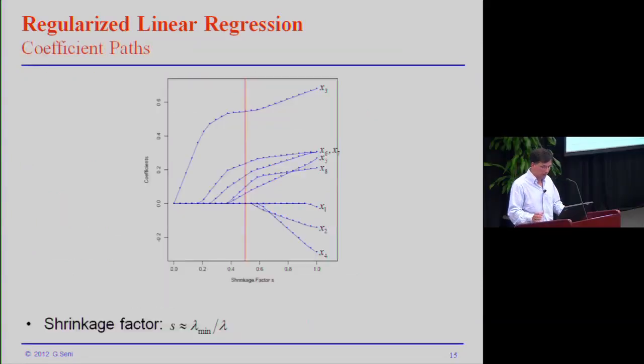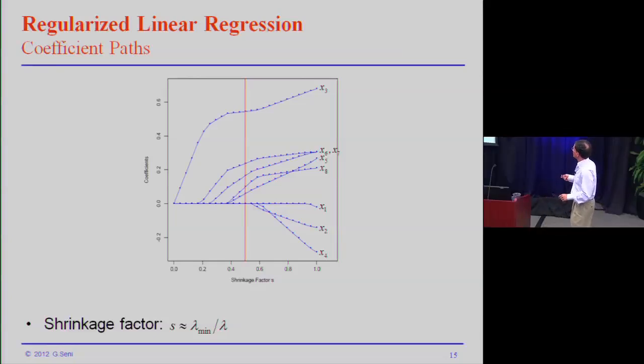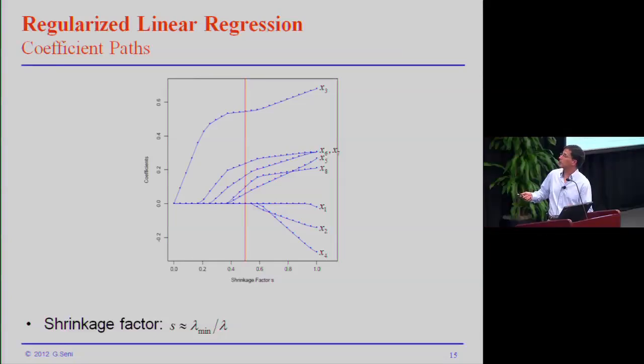And so here's an example of a coefficient path. In this problem, there are 8 predictors. Again, we start on this extreme, on the left-hand side, where lambda is infinity. And then as we relax the value of lambda down towards 0, more coefficients become non-zero.